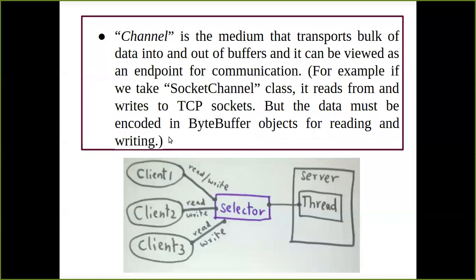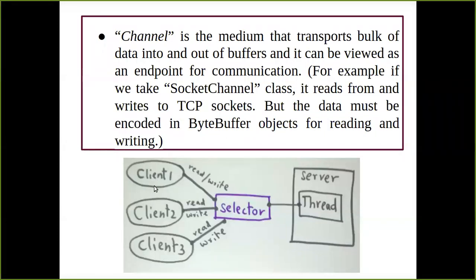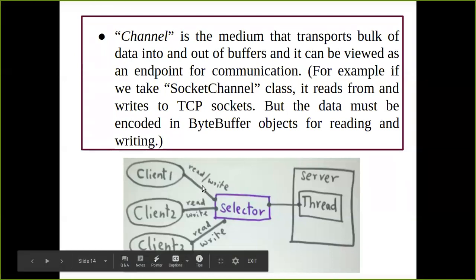This is a channel which is responsible for reading and writing. From your client, the reading and writing should happen using the channel. This is going to be the one medium through which the reading and writing happens.